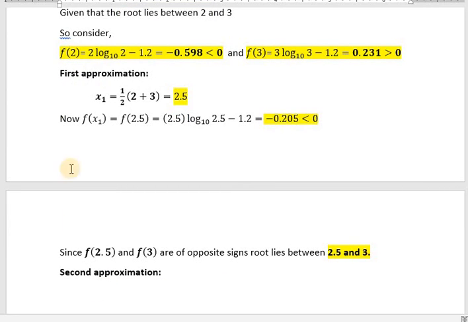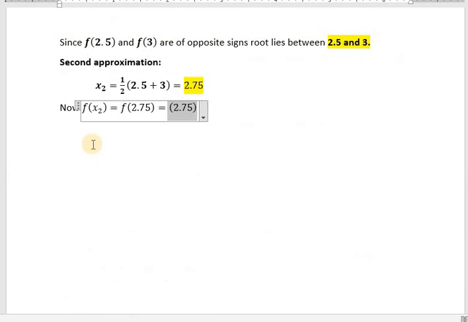Now let us take up the second approximation. x2 is equal to half into (2.5 plus 3), which is equal to 2.75. Now see, x2 = 2.75. Then find f(x2), that is f(2.75), which is 2.75 log 2.75 minus 1.2.